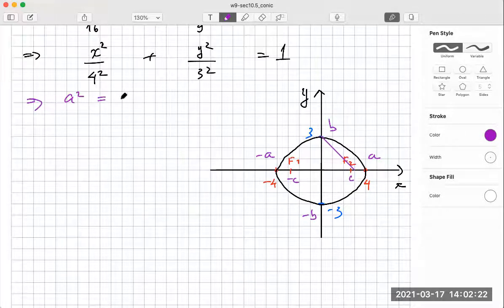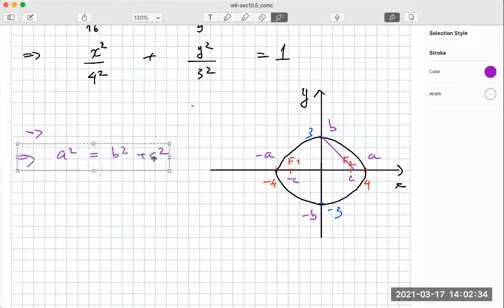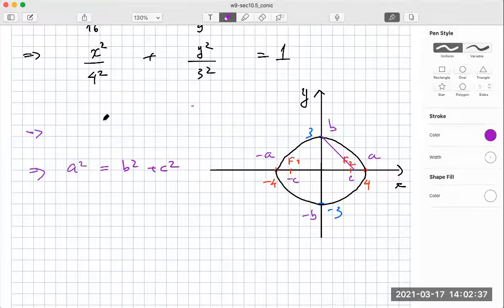A squared is B squared plus C squared, right? A and B are given. And in this case, we know that A will be 4, right? And B will be 3, okay?